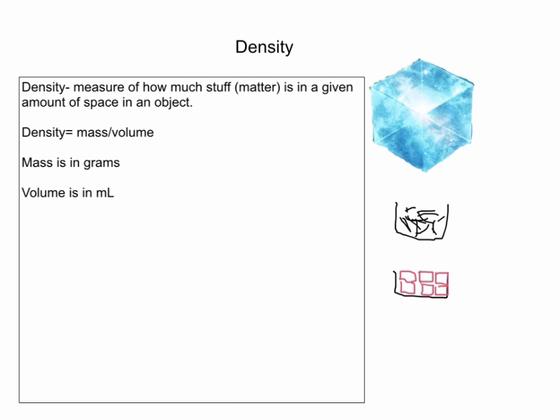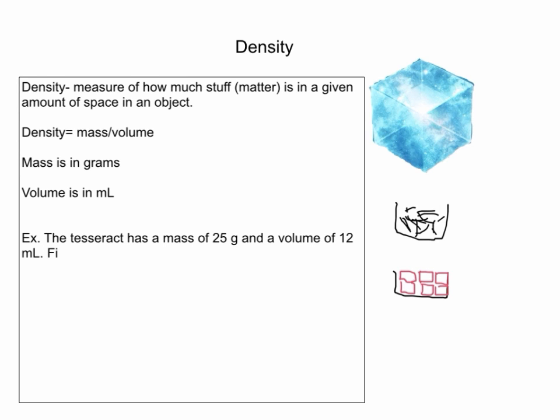So let's do an example problem. So this tesseract that we have, it has a mass of 25 grams and a volume of 12 milliliters.